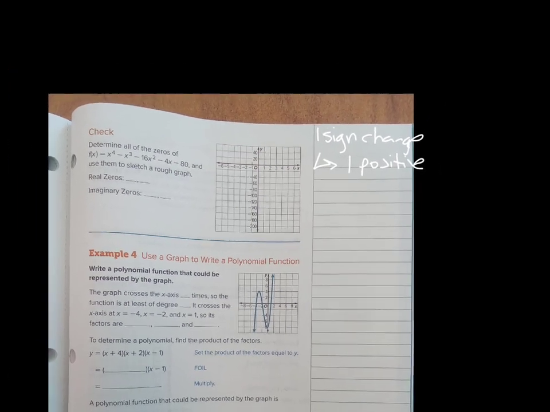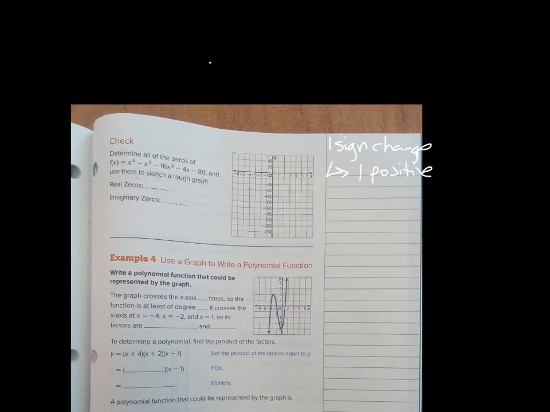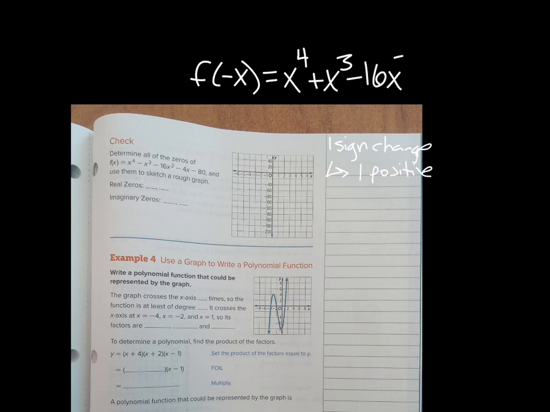All right, so then we've got to look at f of negative x. How do you know if a sign changes on this now? If the exponent's odd. So does the first one change? Does the next one change? Yes. Does the next one change? No. Does the next one change?